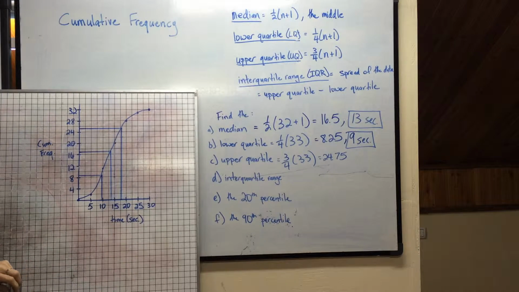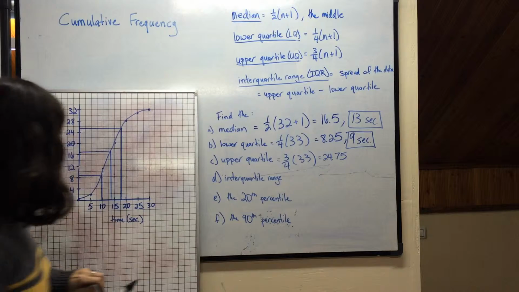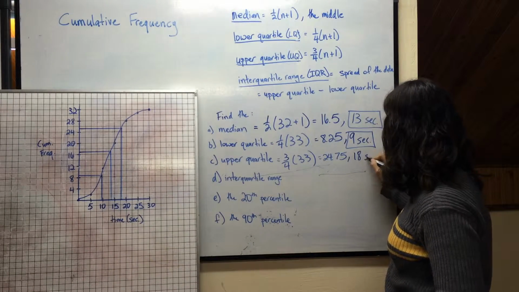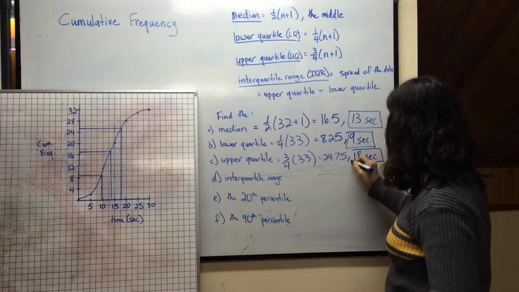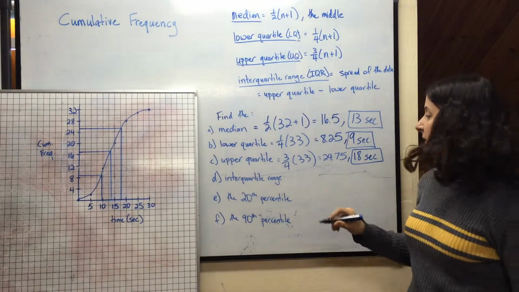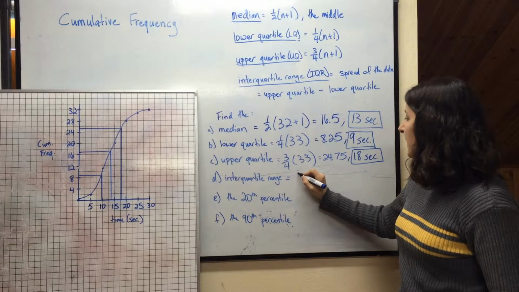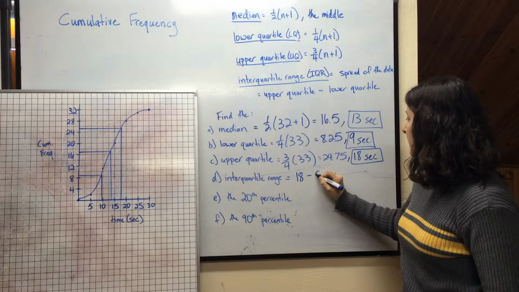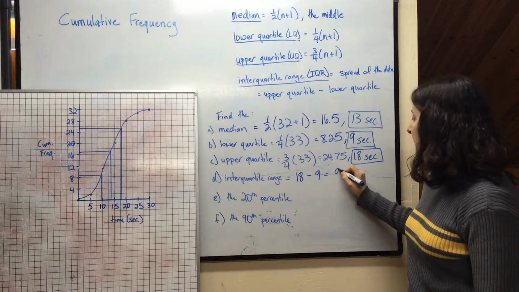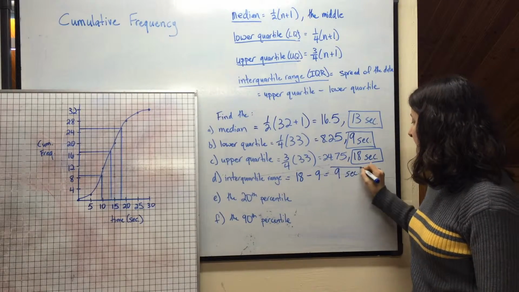We can call that, let's see, maybe 18 seconds. So the interquartile range is going to be the difference between them: 18 minus 9, the upper quartile minus the lower quartile, to give us 9 seconds.